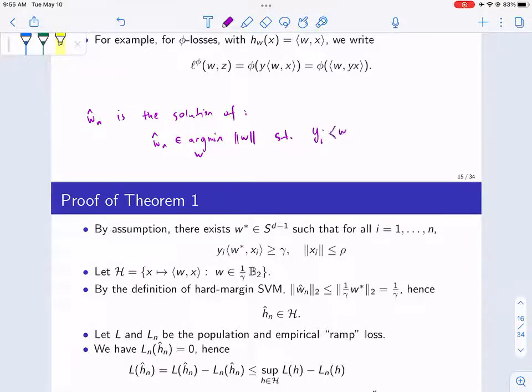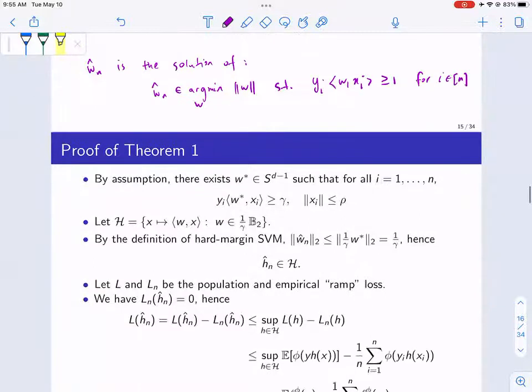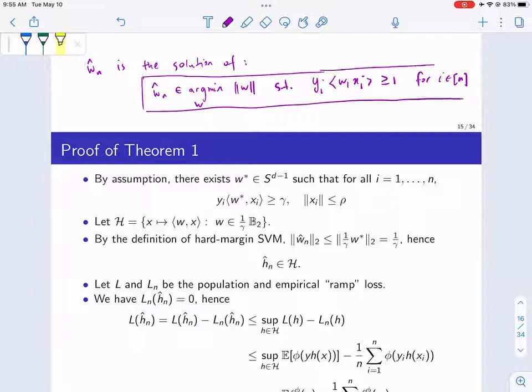such that y_i w x_i is bigger than or equal to 1 for all i. And you also know that the true distribution has this gamma-rho margin property.